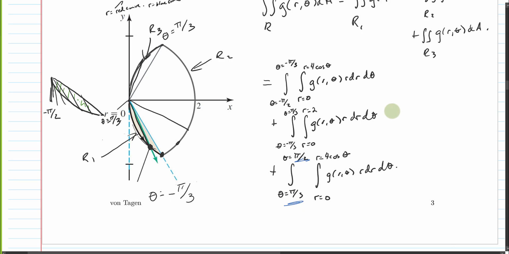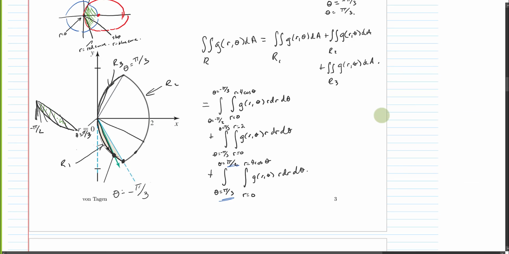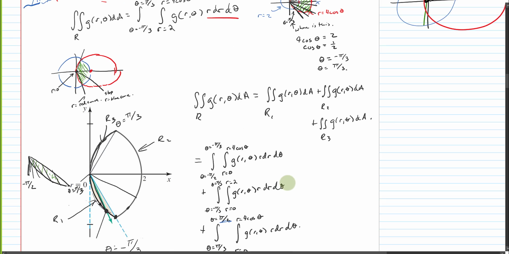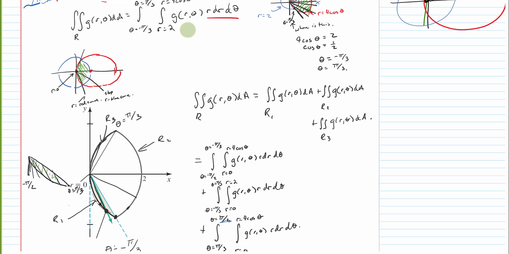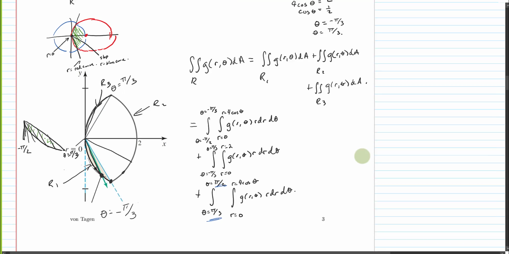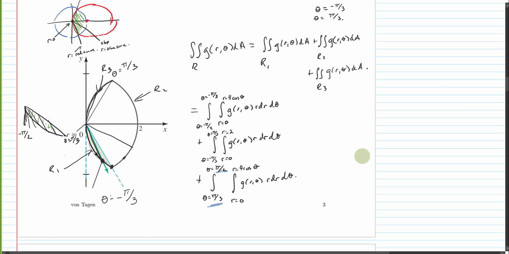Folks, it's very important that you draw these pictures. Notice I didn't even tell you what the function g of r theta was. We don't know what that function is. We don't know anything about the surface that we're thinking about living above this polar region. That's not what I mean when I say draw the picture. When I say draw the picture, draw something in the domain coordinate system where you're working so you're able to easily obtain your limits of integration.